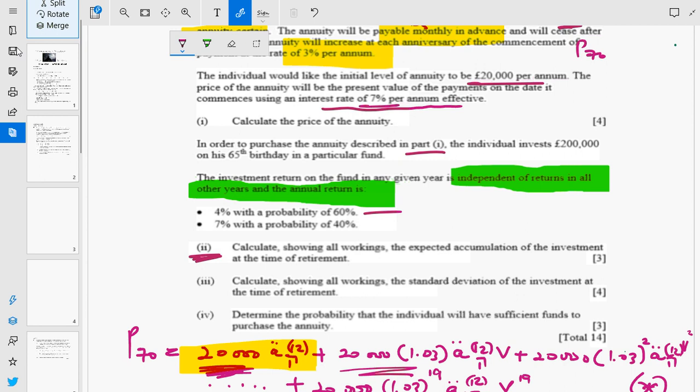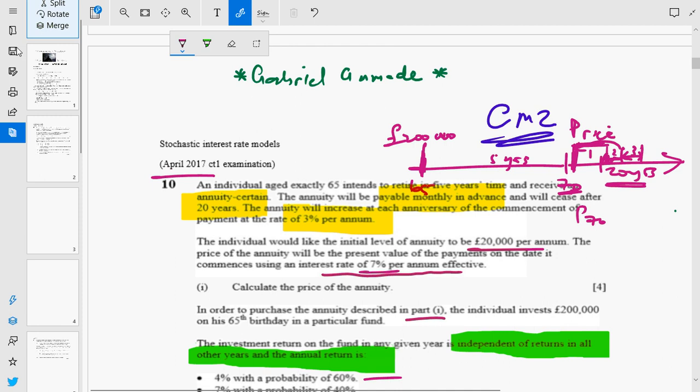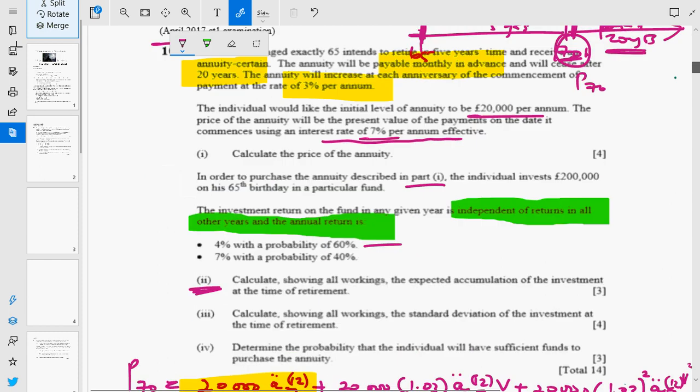Now, the question here is asking us to calculate, showing all workings, the expected accumulated value of the investments at the time of retirement. Now, at the time of retirement, if you look at our time series very carefully, we'll be at age 70. So we're investing this 200,000 and we want the expected accumulated value at age 70. Now, we've got our random variable here.